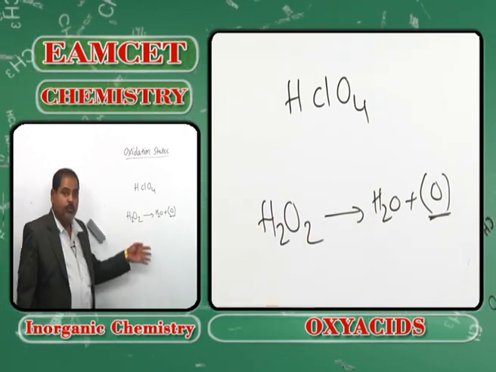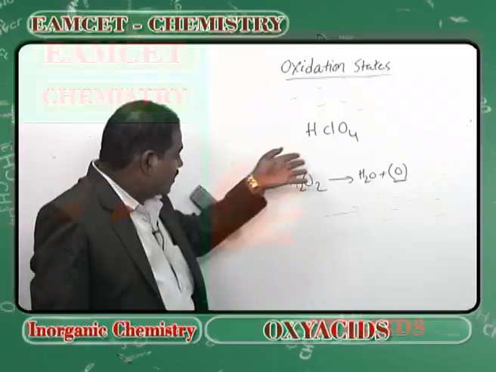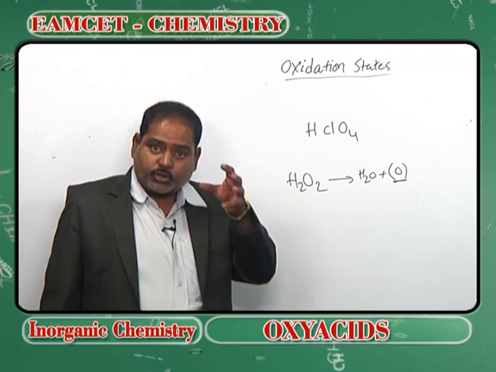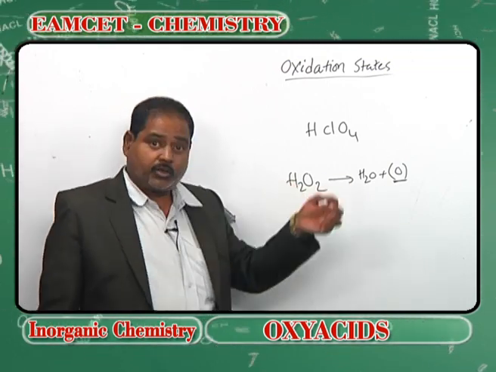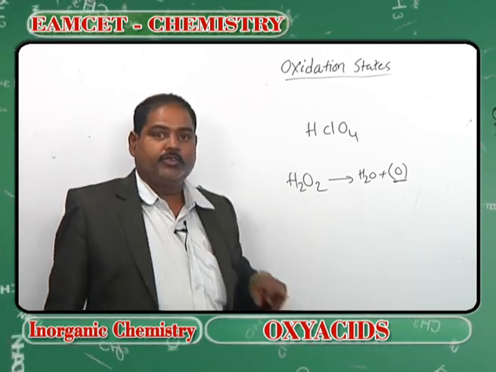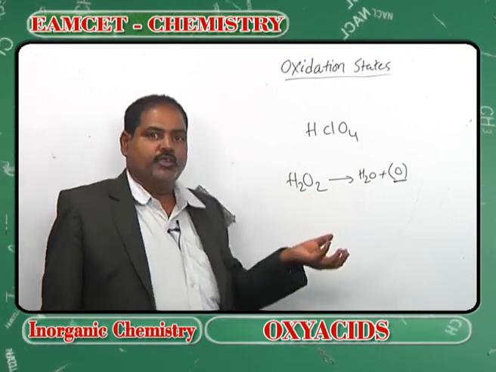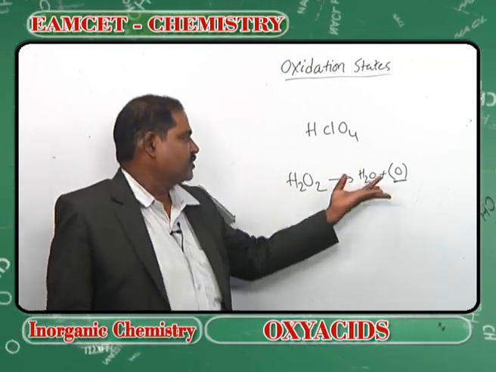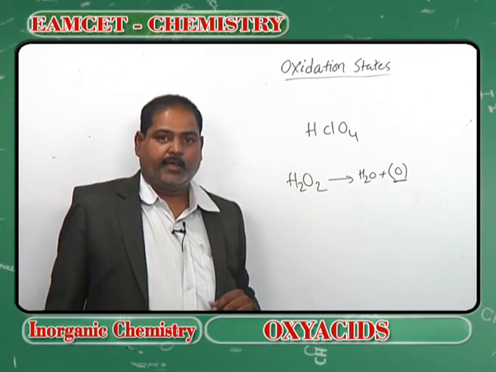So you can use H2O2 as an antiseptic which kills bacteria. How is it used as an antiseptic? Because H2O2 has a very weak oxygen-oxygen single bond, which is called a peroxy bond. So H2O2 simply gives you an oxygen, and oxygen kills bacteria, purifies water by killing bacteria.